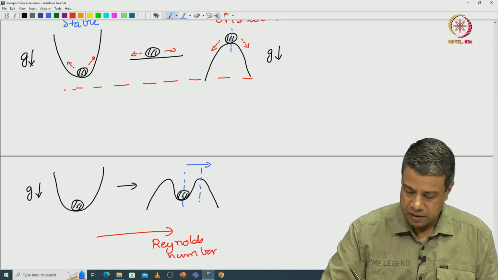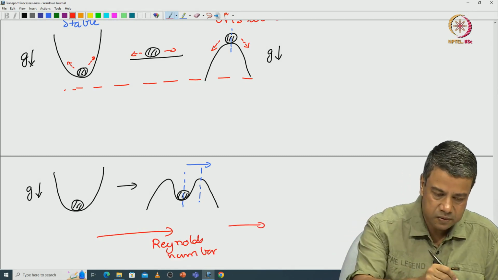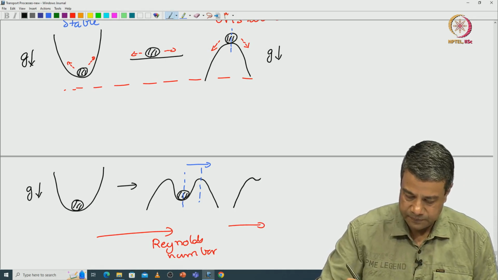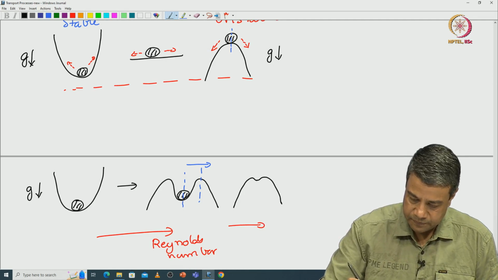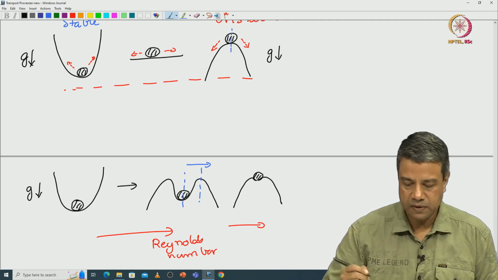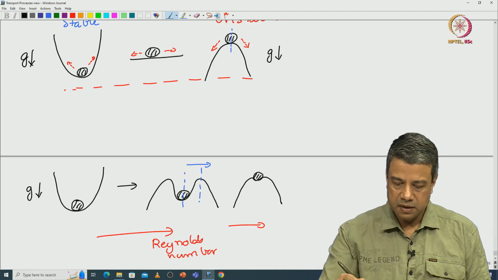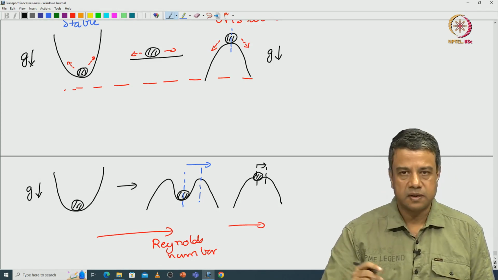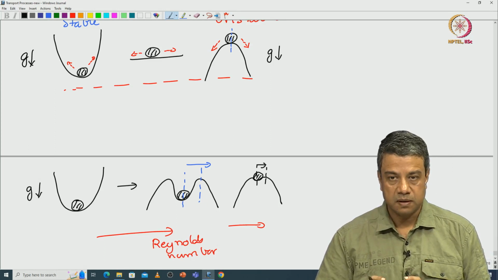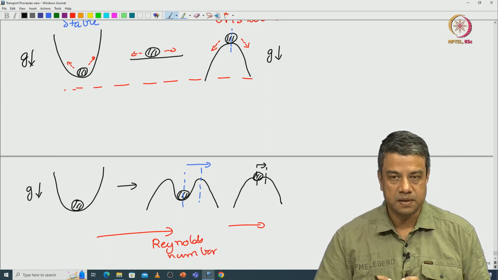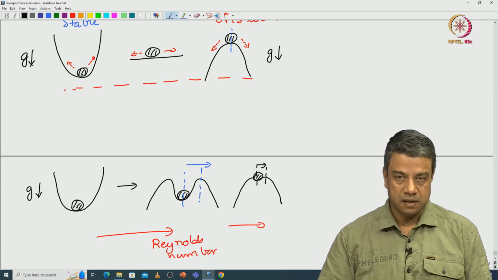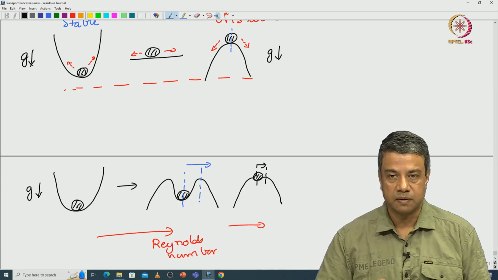And a further increase takes you to a state something like this. Here you require a much smaller displacement for the system to transition. Smaller, but still a finite displacement. The laminar flow is still stable.